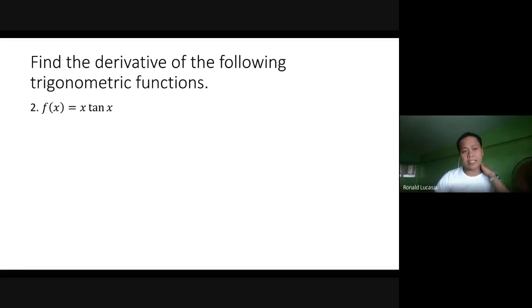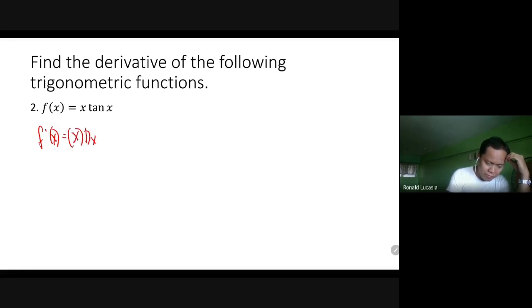So since x tangent x is a product, it's x multiplied by tangent x, then we will be using the product rule for the derivative. Yung product rule ng derivative is x multiplied by the derivative of the tangent x plus the derivative of x multiplied by the tangent x.